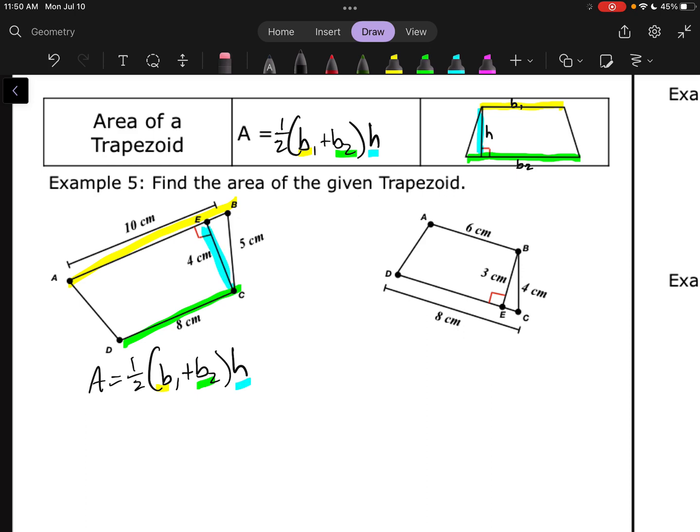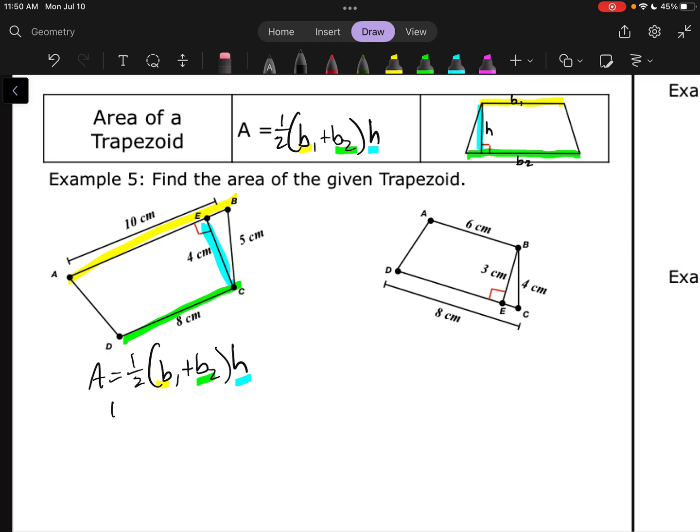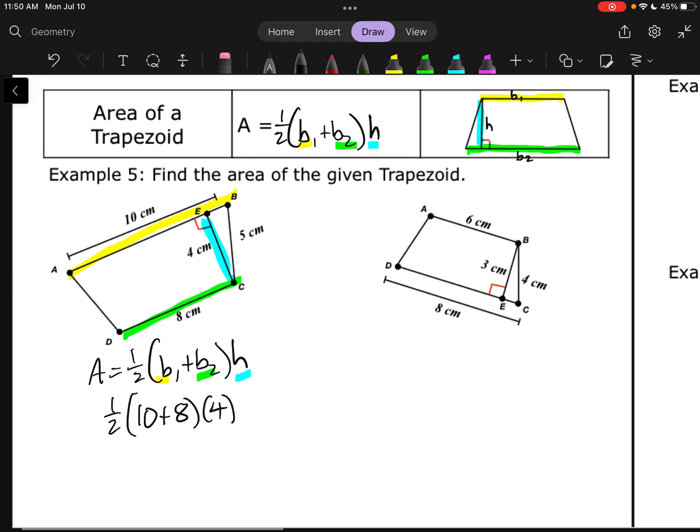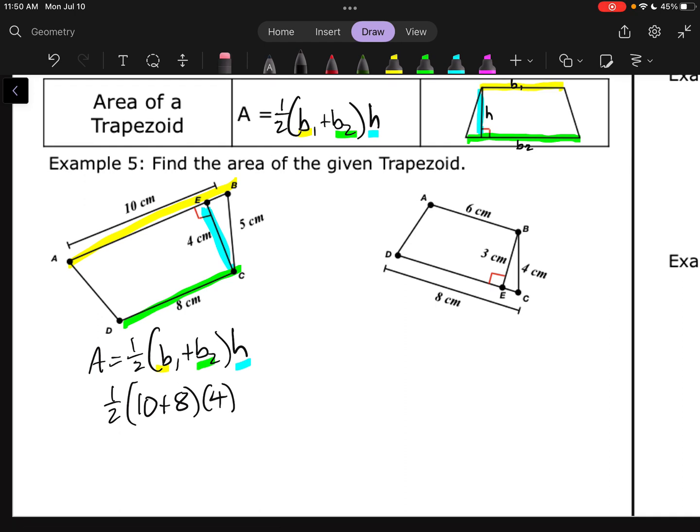Do not be distracted by the 5. It is not relevant for our area formulas. So this will be 10 plus 8 times 4. And if we do that, I should get 36 centimeters squared. For our next one, same formula.